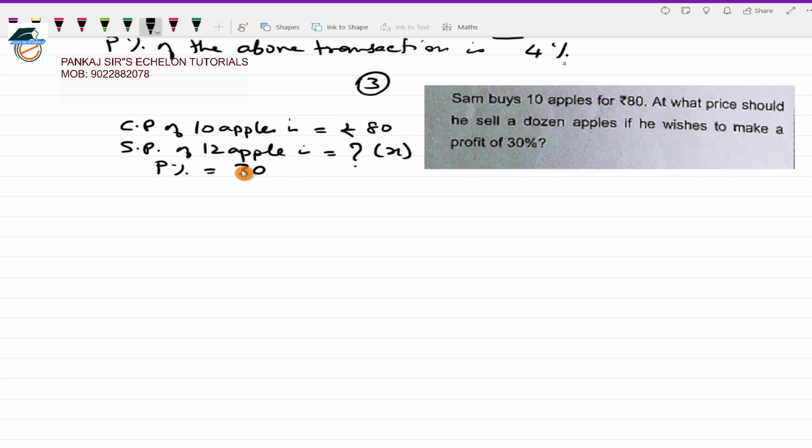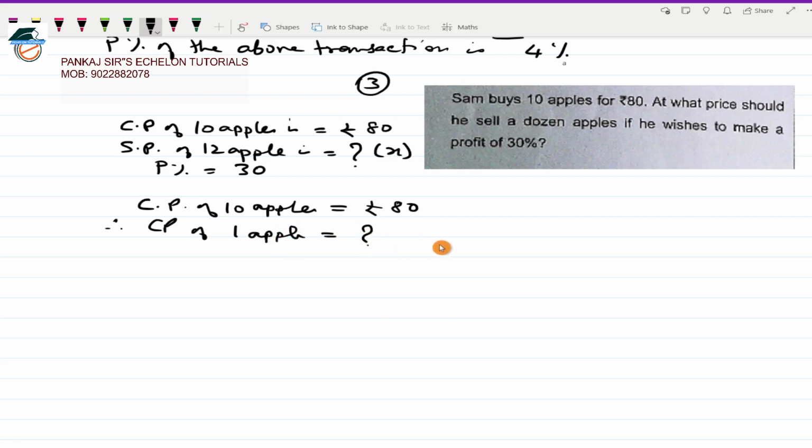Now, for solving this particular question, what you will have to do is first convert it into unitary method and try to find out the cost price of one apple. So we know that the cost price of 10 apples is equal to rupees 80. Therefore, cost price of one apple will be how much?